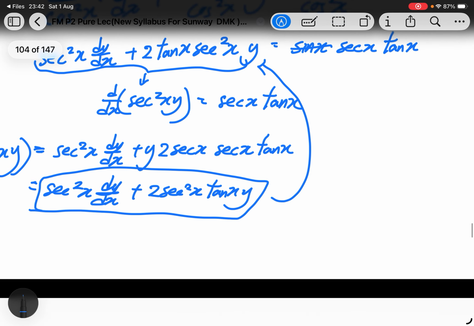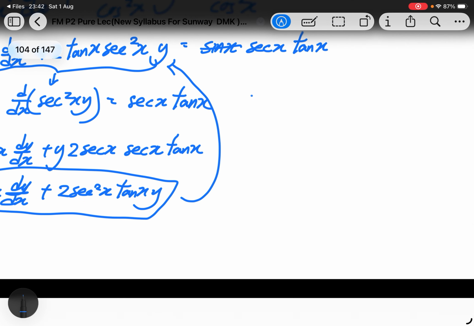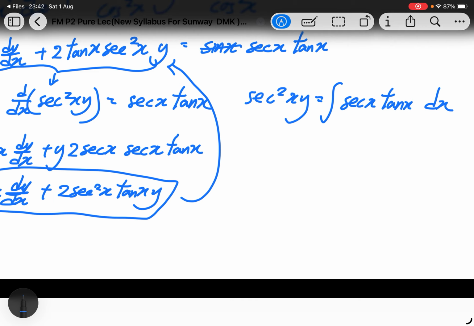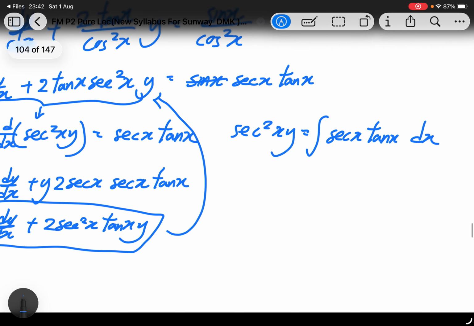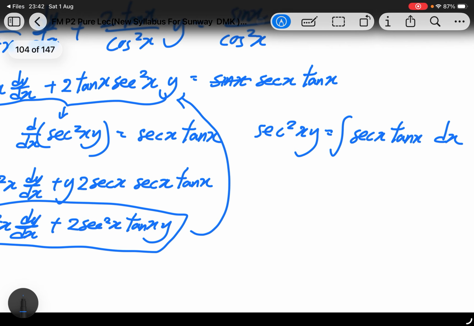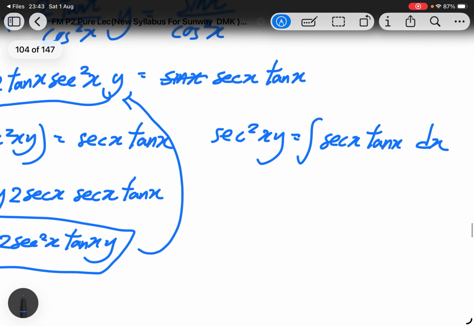And then continuing, move the differentiation into an integral of sec x tan x dx. And when we integrate sec x tan x, what do we get?